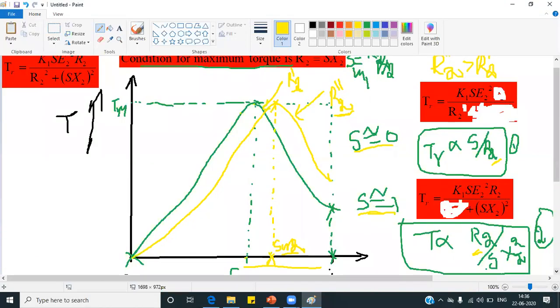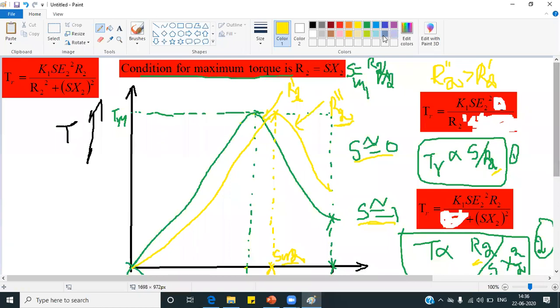Now let me change another color. Let's say I want to increase rotor resistance further, R2 triple dash, which makes my curve start at this point only.